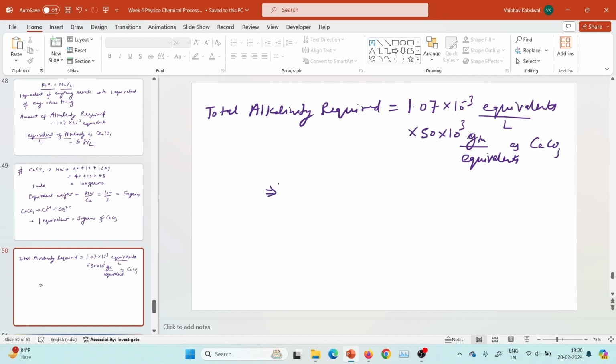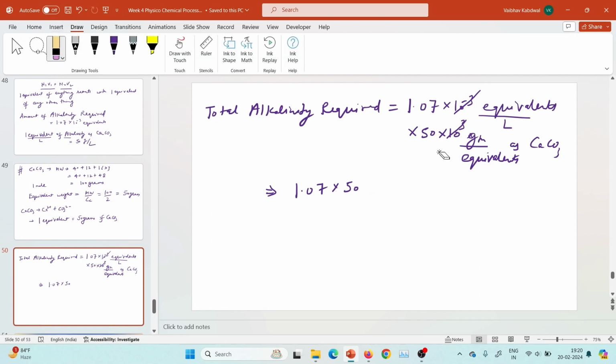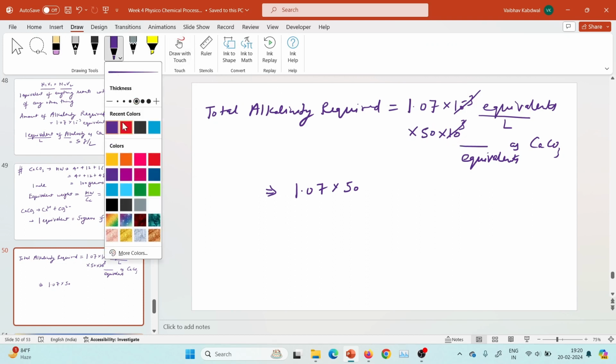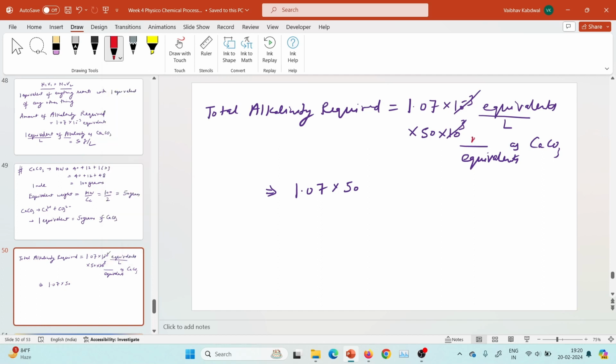How much will it be? This will be cancelled. 1.07 into 50. So it will be in milligrams, because we have multiplied it with 10 to the power 3, into 50 milligram per liter as CaCO3.